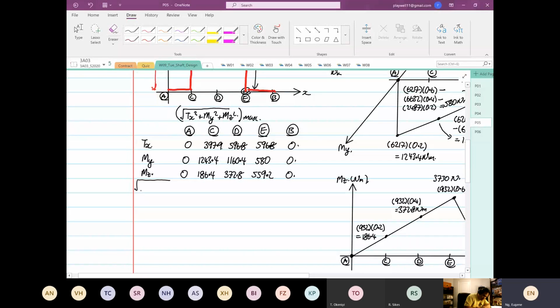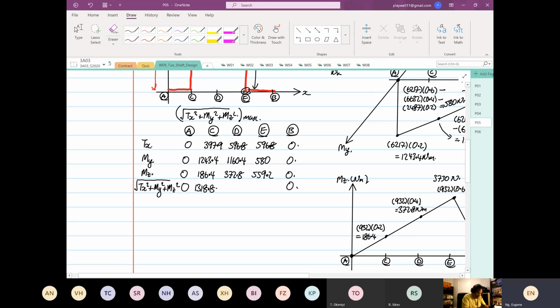Okay, so the next one we're going to compile everything, or add everything up, and find the maximum of the square root of Tx squared plus My squared plus Mz squared. So we know that this is 0, this is 0. So it's 397.9 squared plus 1243.4 squared plus 186.4 squared, then you square root. So you get 1318.8.